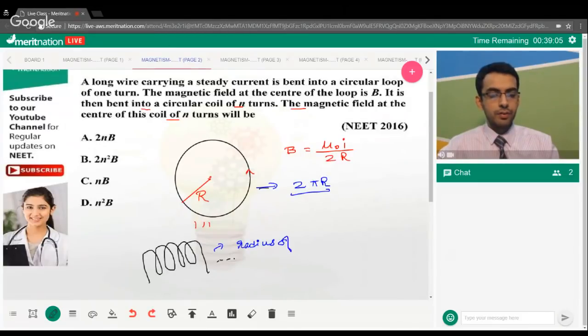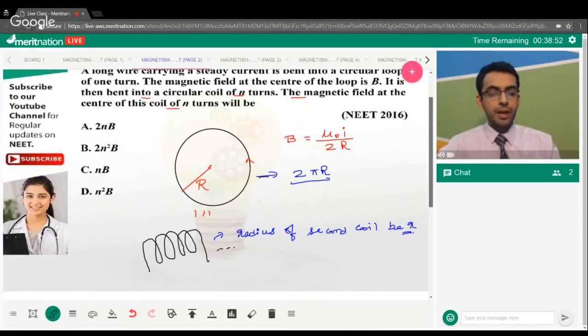Radius of the second coil is small r. So we have n number of turns. So we can say total length is equal to 2 pi into small r multiplied by small n. So I can equate these two values of the length.